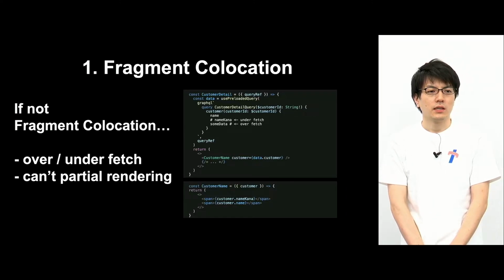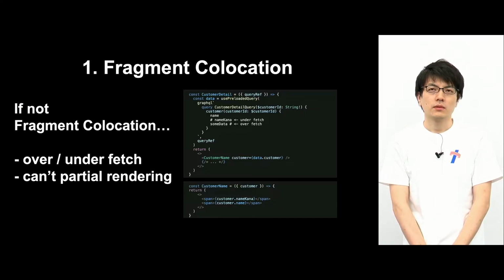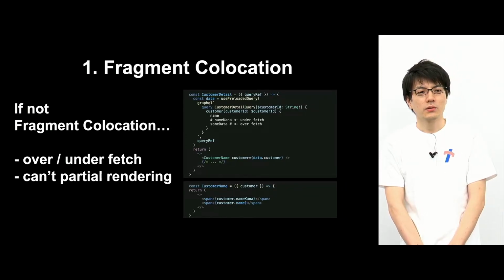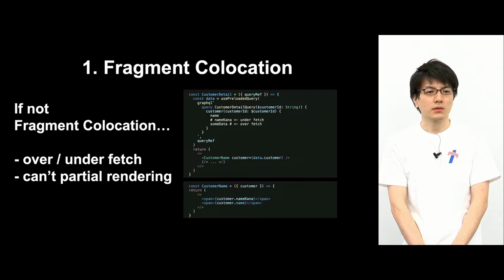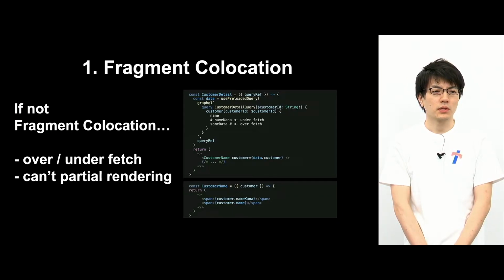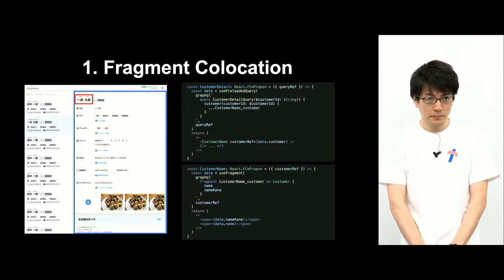Also, from a different perspective, without the fragment colocation, component and necessary data declaration will be isolated and separated so that partial rendering would be very difficult. So that's another disadvantage of no fragment colocation.